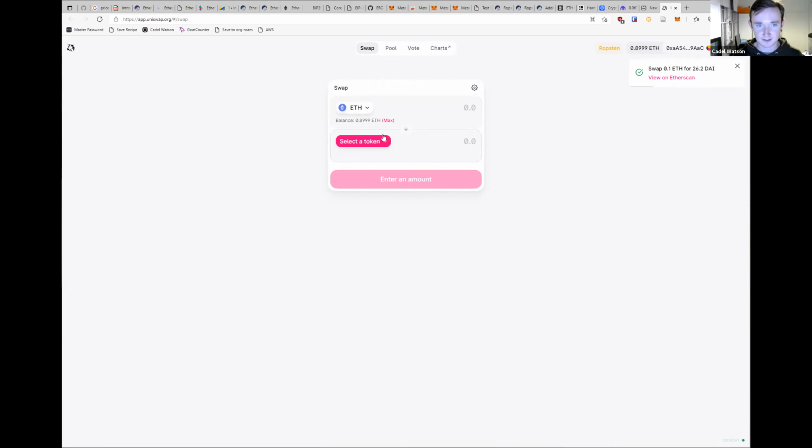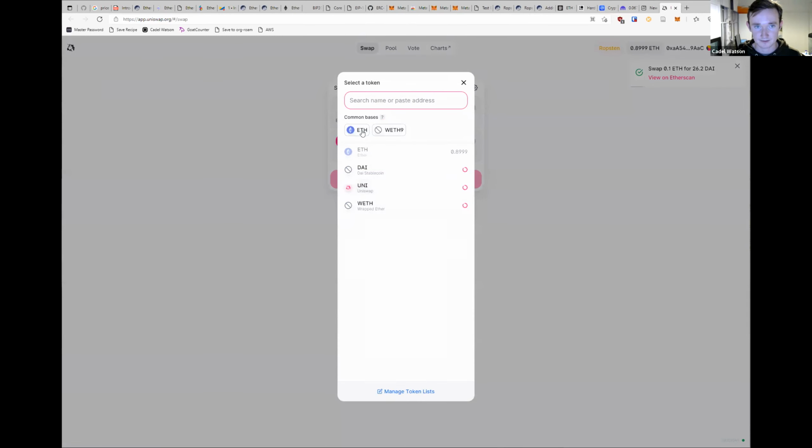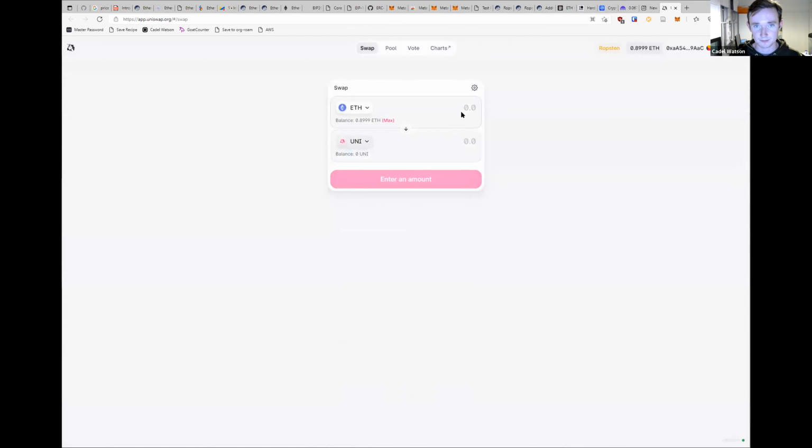So it's reset here. I'll just quickly pick something else. Let's swap Ethereum for Uniswap. We're getting a price impact that's too high. So all of these warnings are being created by the smart contract. They're saying that if I make this swap, it might cause issues with the smart contract.